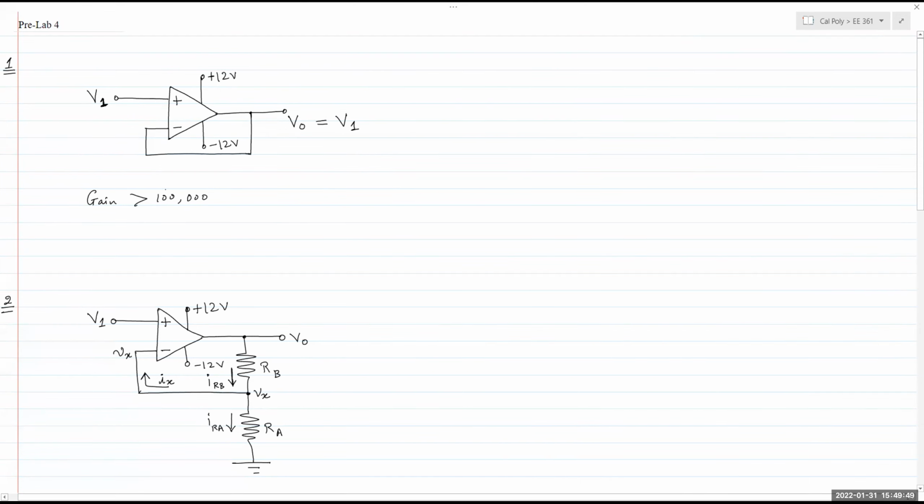When you first flip the switch on and the circuit's not at steady state yet, there is a slight difference in the input. Because there's a slight difference, the op-amp is going to amplify it and give you an output that's very, very close to V1. When you give this as negative feedback, the difference between the two is going to be very, very close to 0, and again that loop continues. And thus, the output always follows the input, and hence the circuit is known as a voltage follower.